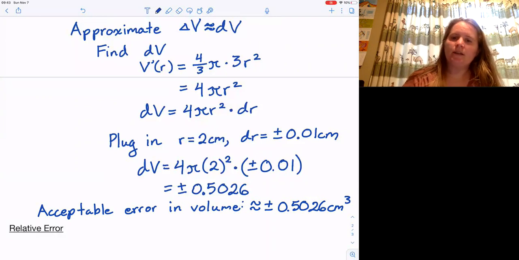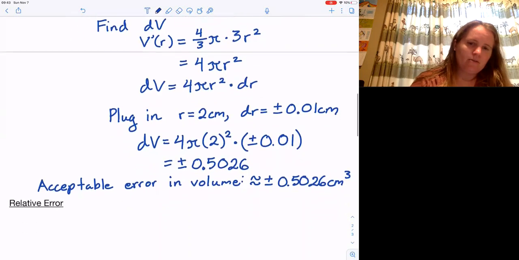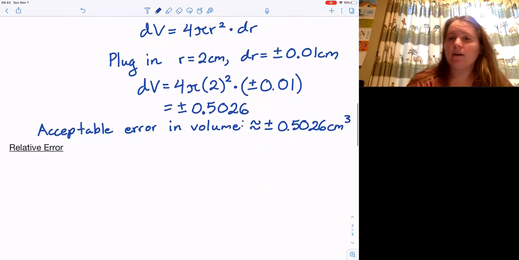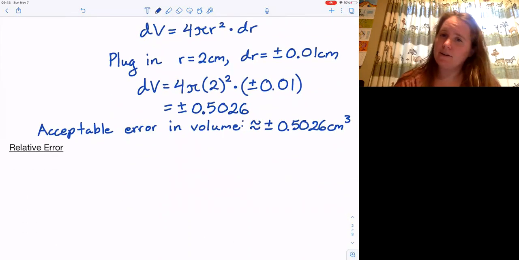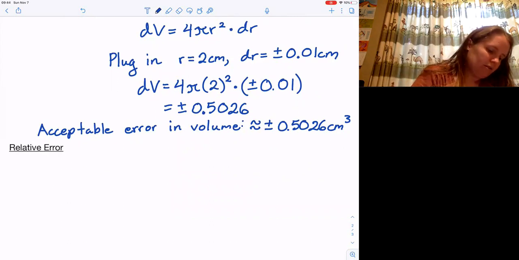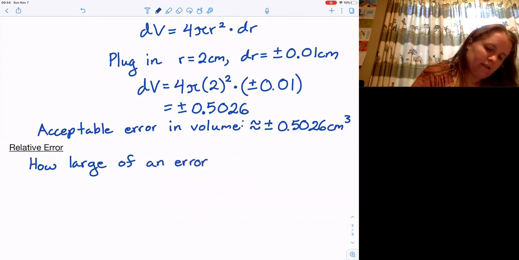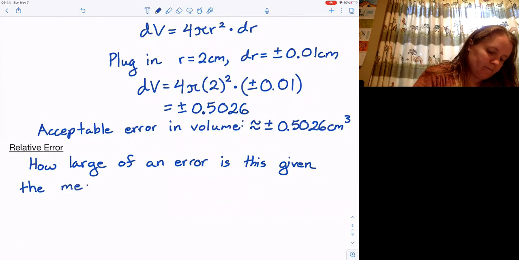So from here, we can get into relative error. With relative error, we essentially want to see how large of an error this is in the context of the problem. How large of an error is this given the measurements we are working with?